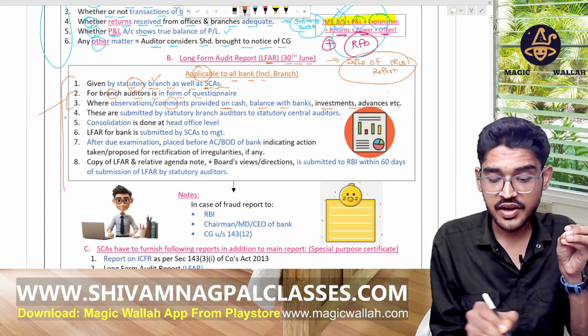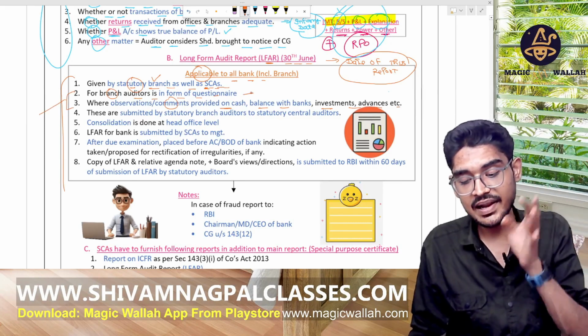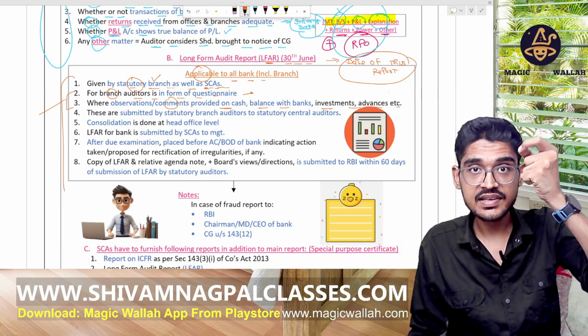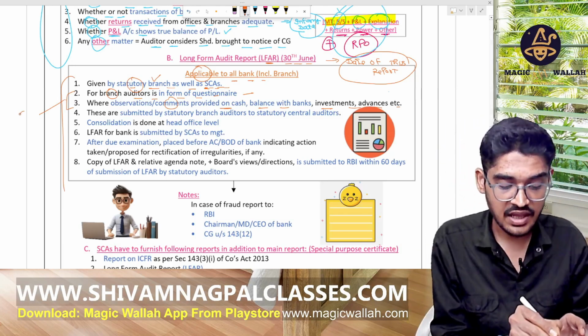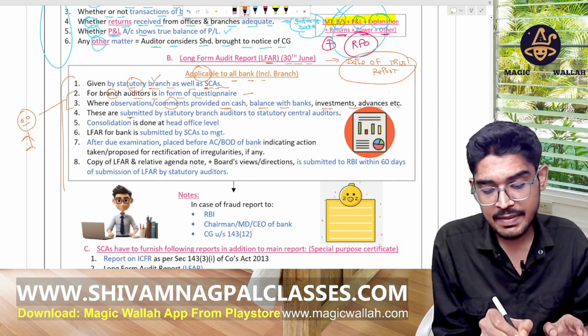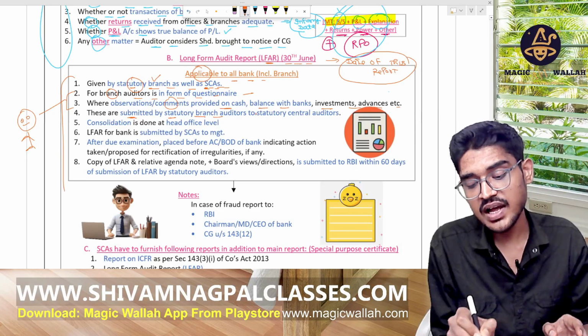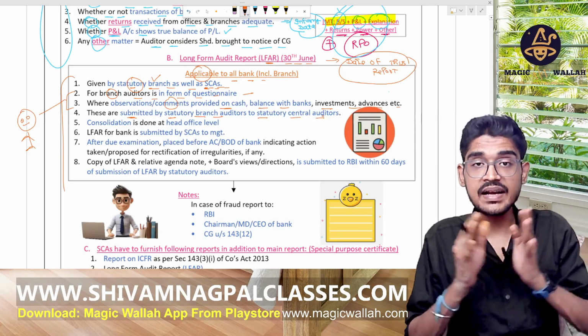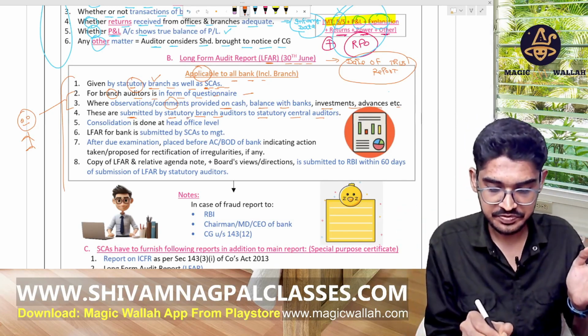So the branch auditor fills this questionnaire about the balances, investment, advances and submits this to the SCA, the Central Statutory Auditor. The branch auditor submits this to the statutory central auditor, and its consolidation is to be done at the head office level.